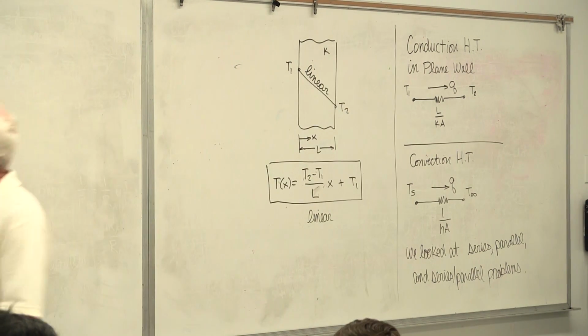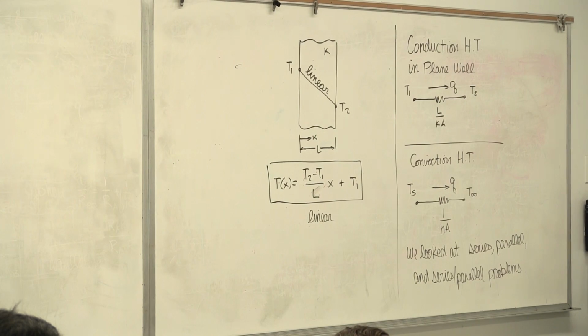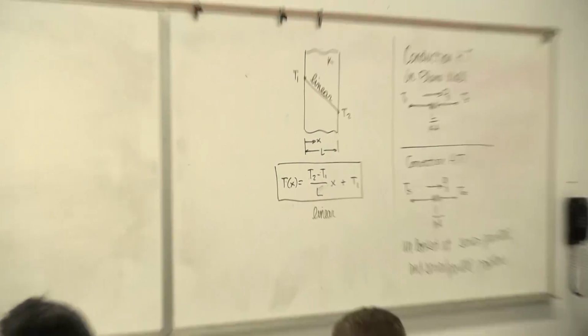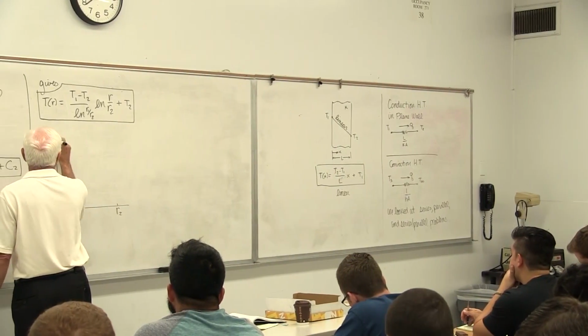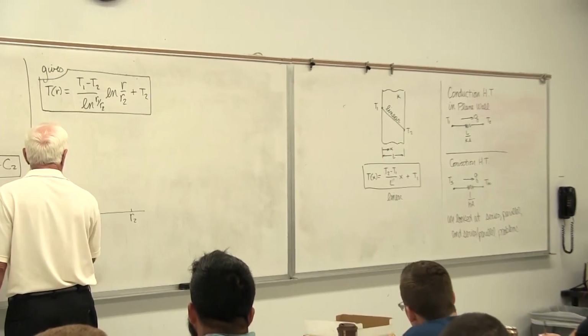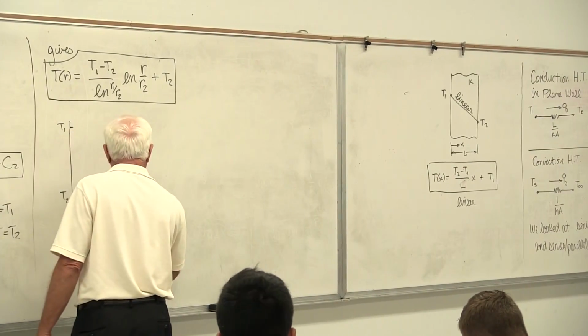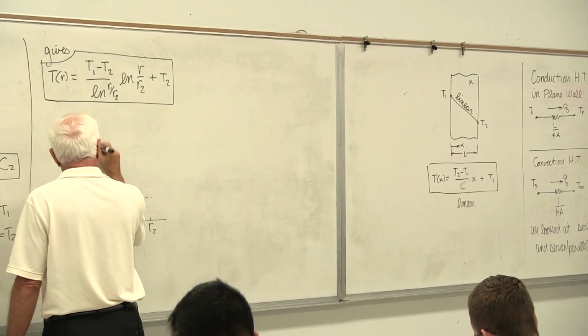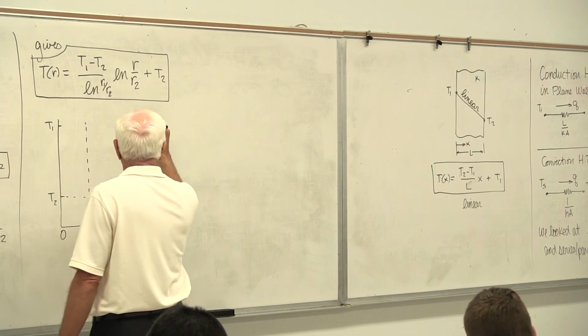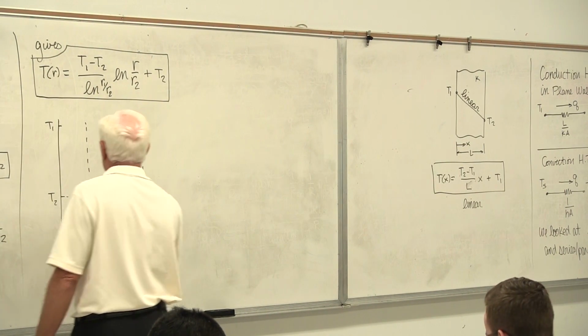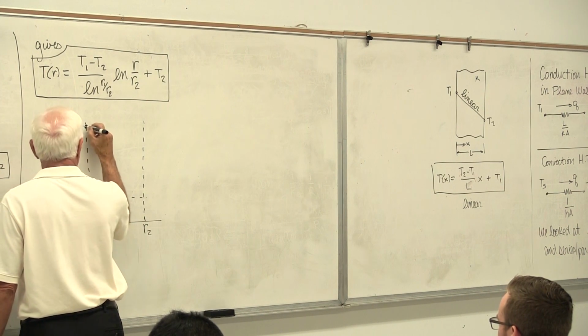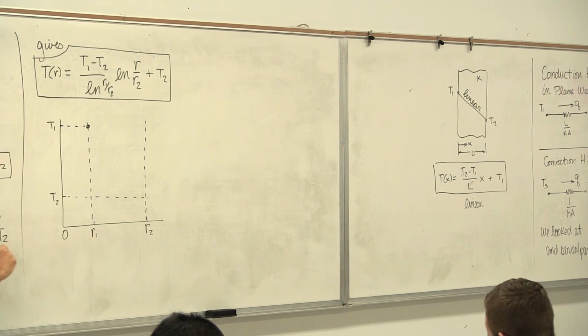Over here, we're going to plot temperature versus the pipe radius r. Temperature T1, temperature T2. We start up here at temperature T1 when r equals r1.